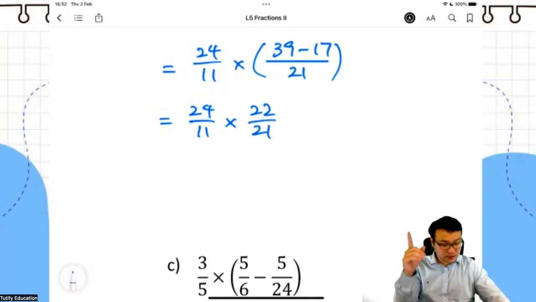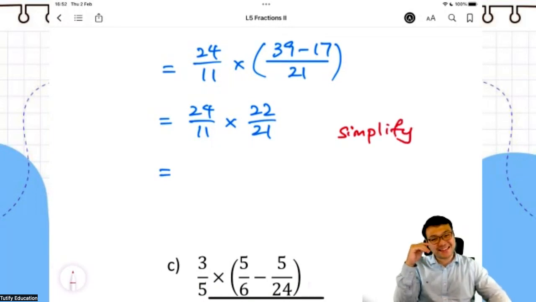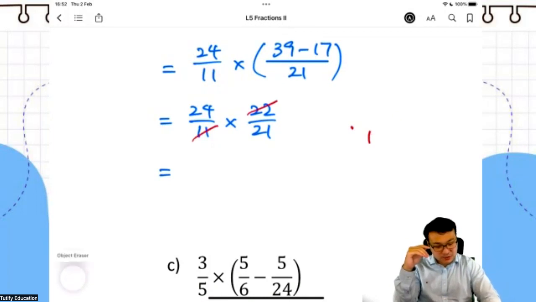So now before you multiply, what should you do? Simplify. Let's simplify these two. It's 1 and 2, because you divide them by 11.